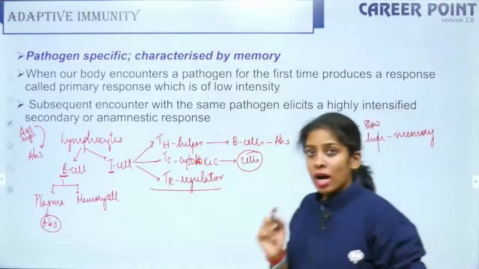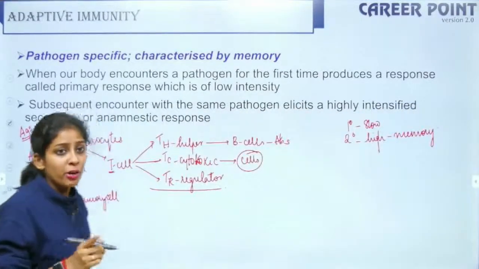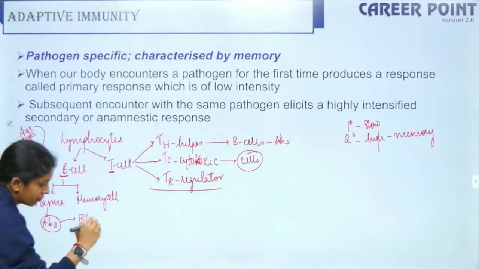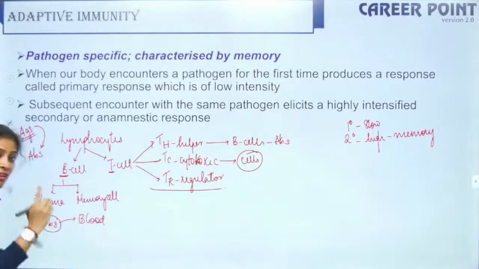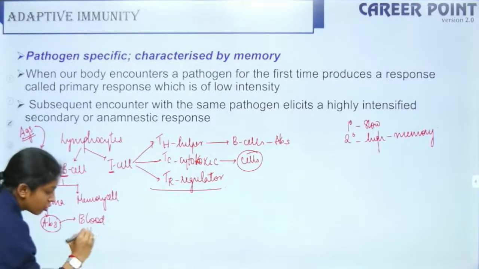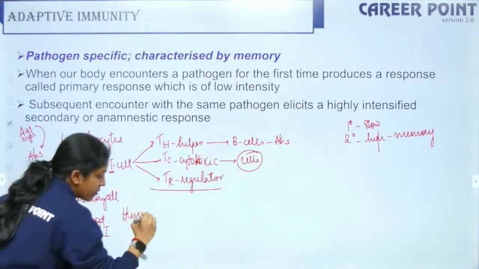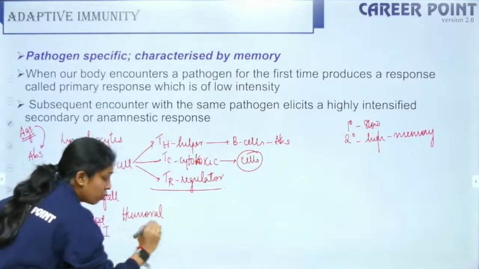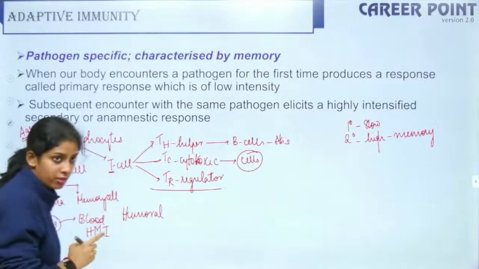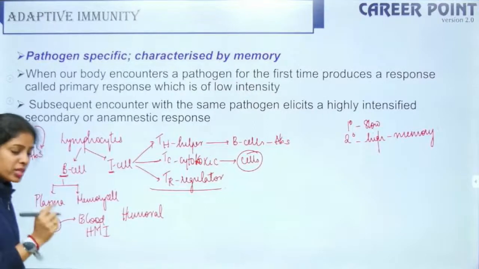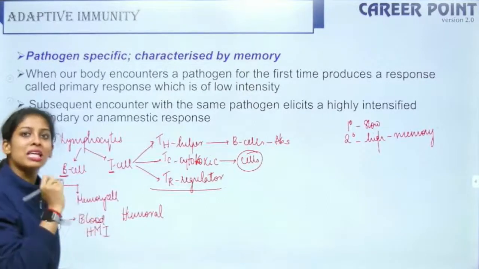Okay. One more thing, your B cell produces the antibodies into the bloodstream. That is why B cell induces HMI. What is HMI? Humoral mediated immunity. Humor is blood in Greek terms. Since they are releasing the antibodies into the blood, they are stimulating the immune system in the bloodstream.